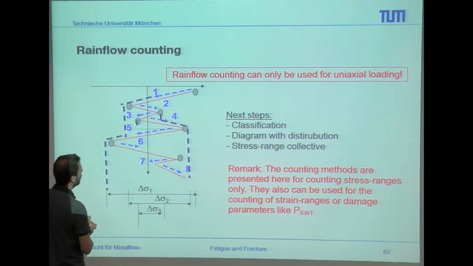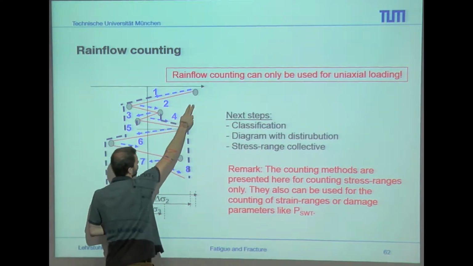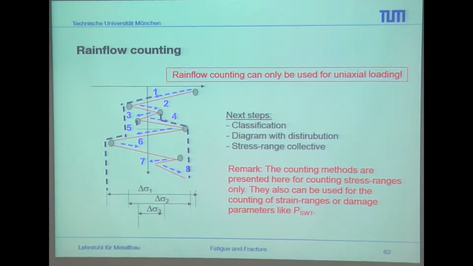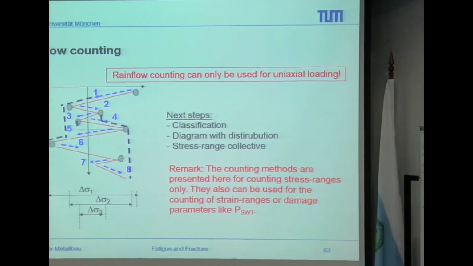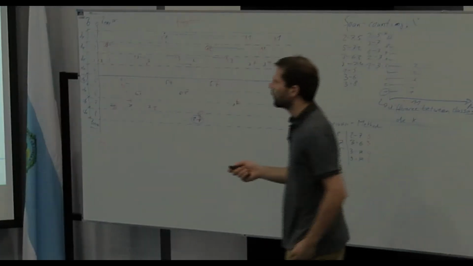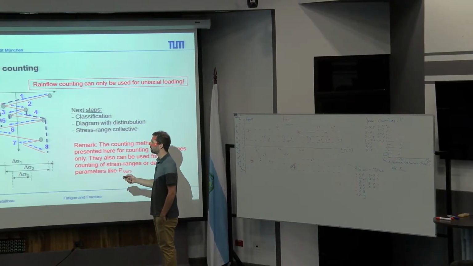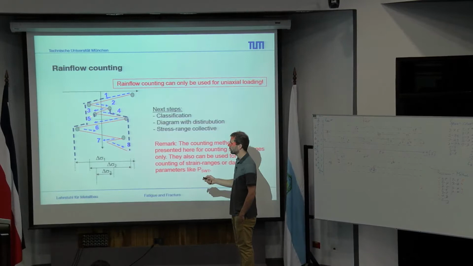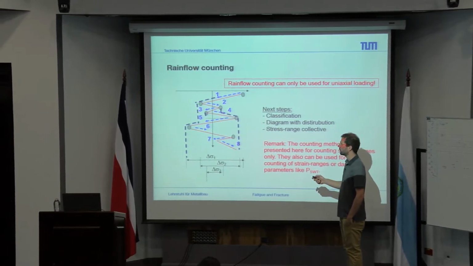So how does it look like? For example, if you start at this point here, on the highest peak, the water is going in this direction. At this point here, it is falling down, and at the end is closing this hysteresis here.